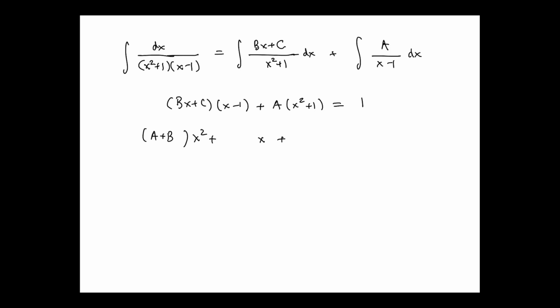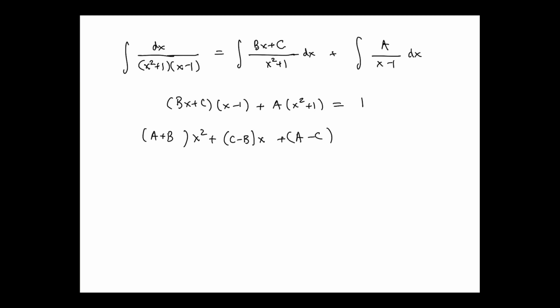So there would be a total of C minus b. And then finally, how many constants do we have? Well, I get plus a from the second term, and then the first part is going to give me minus c. So I'll have a minus c.